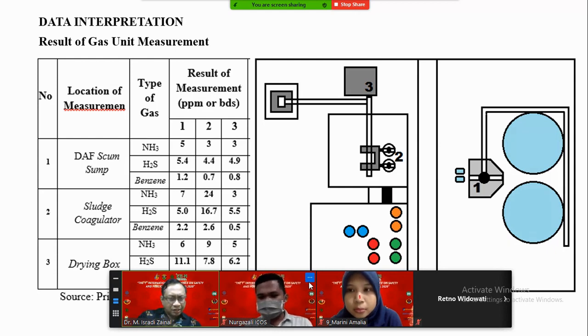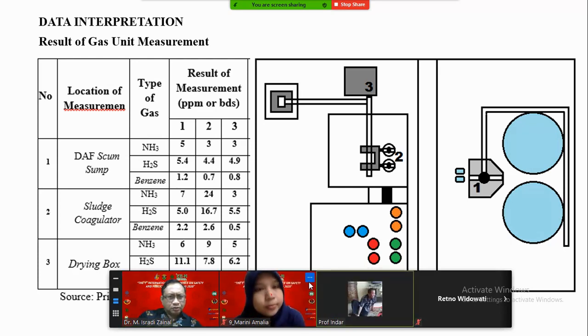We found the results. For NH3, in the three places, we found it under the limit, meaning below 25.